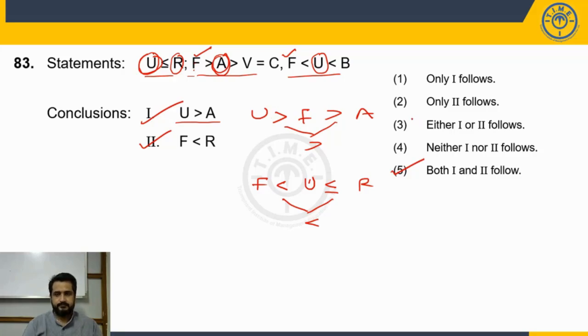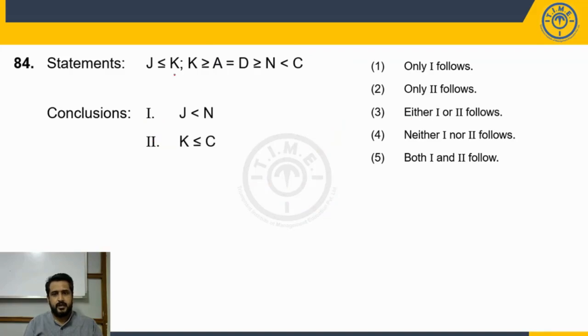Next. Again, we have 2 statements, but in this one, the common term K we can directly combine. So by combining the statements, what we get? J less than or equal to K, greater than or equal to A, equal to D, greater than or equal to N, less than C. So the first conclusion is between J and N. Between J and N, we have opposite signs.